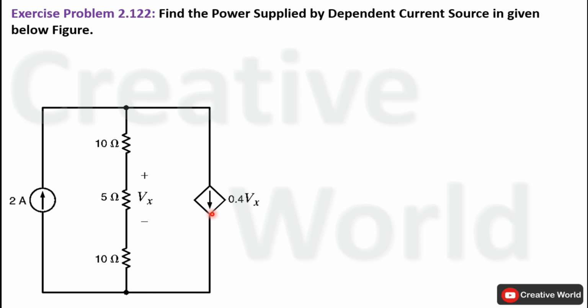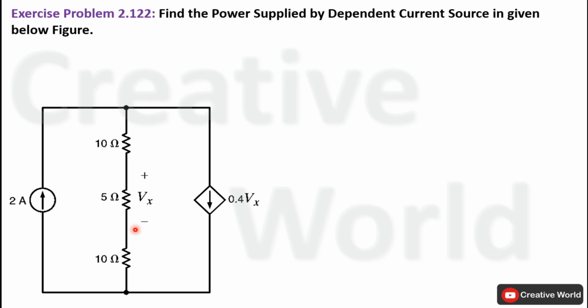One is current through this dependent source and other one is voltage across this dependent source. Right now no parameter is specified, so first of all we will try to solve this network in order to get voltage across this dependent source as well as the value of current through it. Later on we will be able to calculate power supplied by this dependent current source.